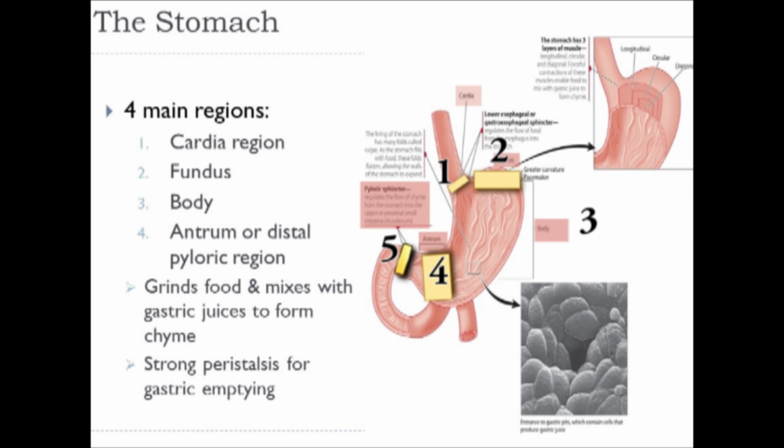Gastric emptying through the pyloric sphincter into the duodenum after the formation of chyme is done in the stomach. And chyme is nothing but the breakdown through mechanical agitation and through chemical breakdown of the food products. And this is where we essentially see the denaturation of protein.